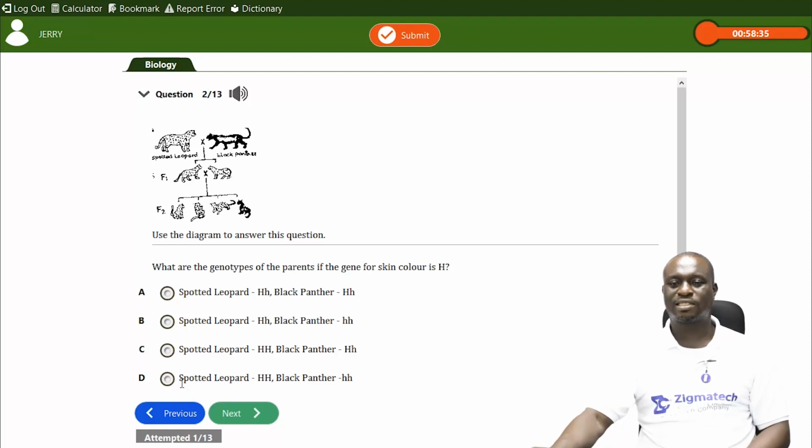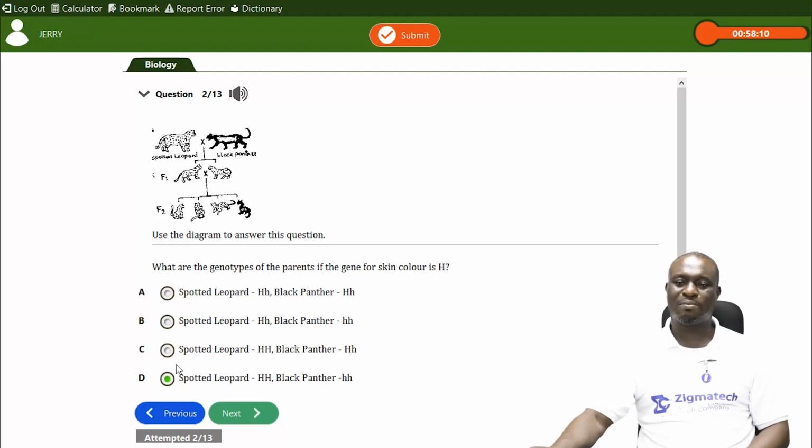So the correct answer is D, because if you look at this cross here, you will discover that the spotted had the dominant traits. In the F1 generation, the resulting offsprings were all spotted. And in the F2 generation, the spotted was 3:1 to the black panthers.